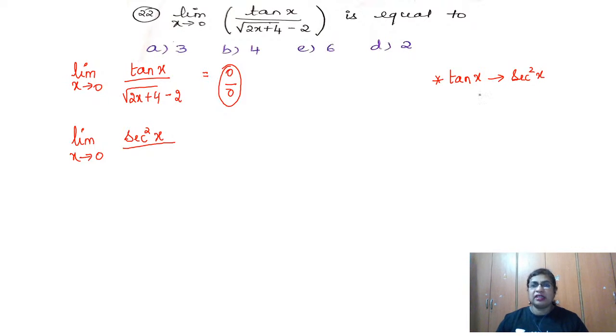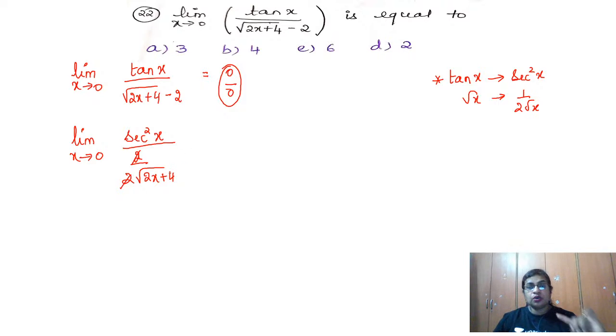And the derivative of root x is 1 by 2 root x. So here it becomes 1 by 2 root of 2x plus 4. Then the derivative of 2x is 2, so the 2 gets cancelled, and the derivative of minus 2 is 0.